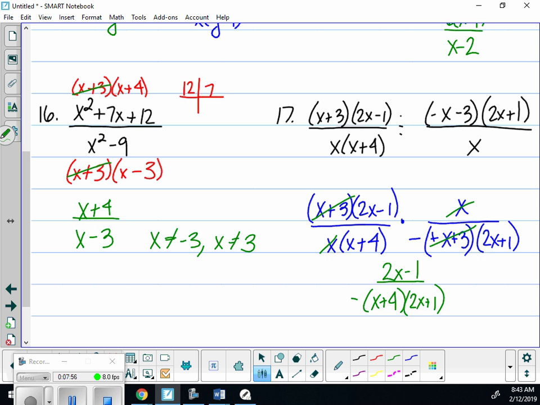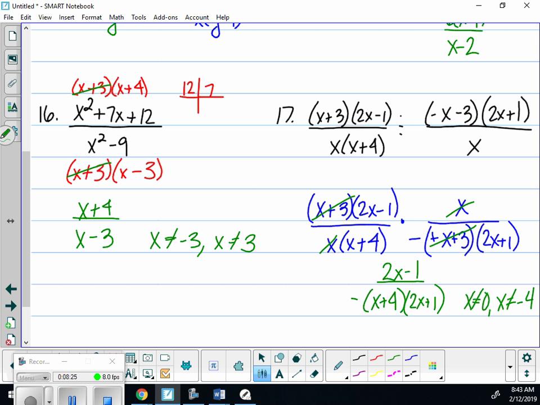Now, on a division problem, we have to look at the denominators of our original fraction. So we have an x by itself, which means x can't equal 0. We have an x plus 4, which means x can't equal negative 4. And we look at when we flip it, we also look at this denominator.